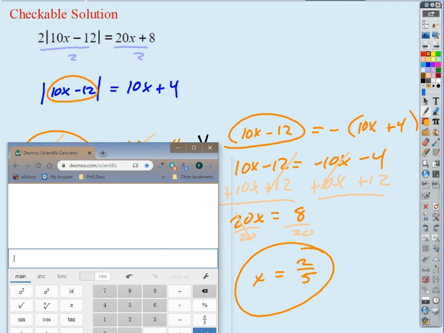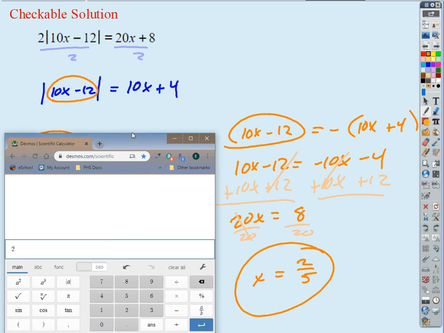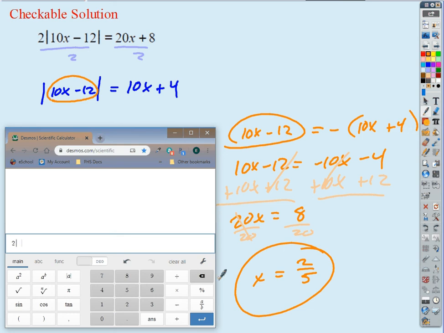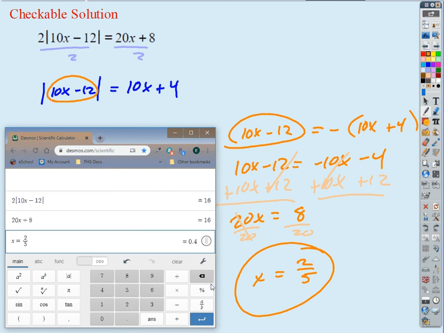My expression on the left is 2 times the absolute value of 10x minus 12. On the right, I just get 20x plus 8. And I'm checking this for x equals 2/5. Did it work? It did, right? So we only get one solution this time, and it was 2/5.